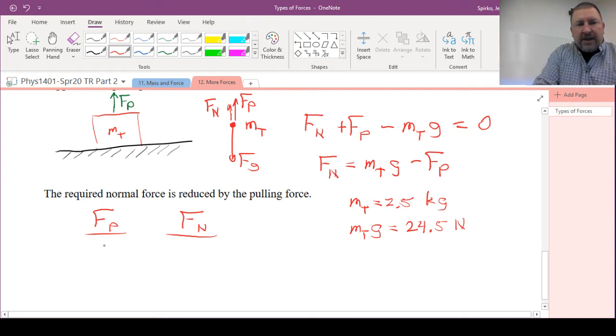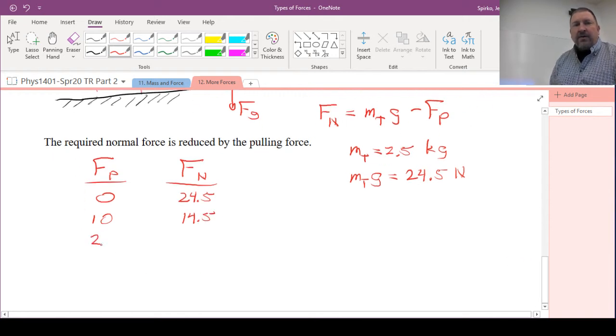So, for example, if I exert 0 force pulling, I'll have 24.5 newtons worth of normal force. And if I exert 10 newtons of pulling force, I'll have 14.5 newtons of normal force. 20 would lead to 4.5. 30 would lead to minus 5.5.